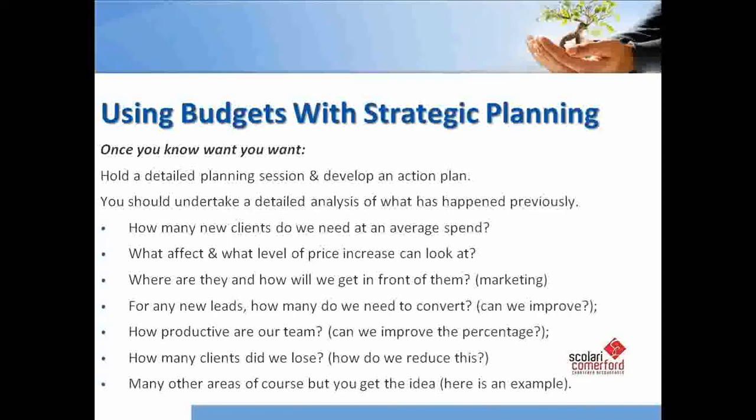So, a bit of an idea on percentages of how many clients did we win, lose, or keep. How can we improve that? What are the strategies to give us the best possible chance that we don't lose them? A number of different areas that we can help with and look at. And there are many other areas, of course, and this is just an example.